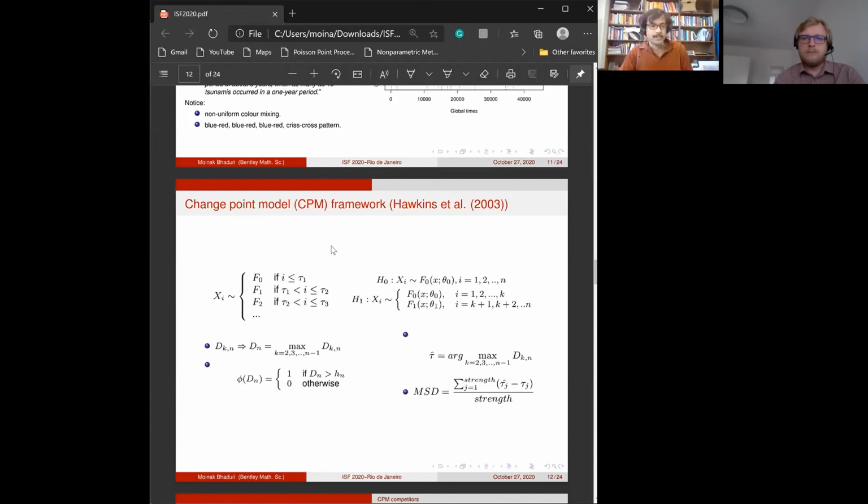The general problem of change detection has been attacked from several fields, especially since the 1950s.